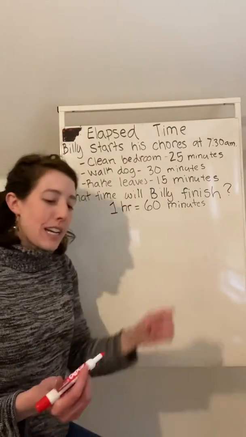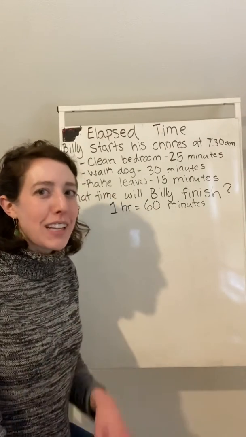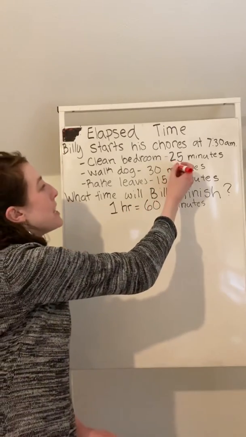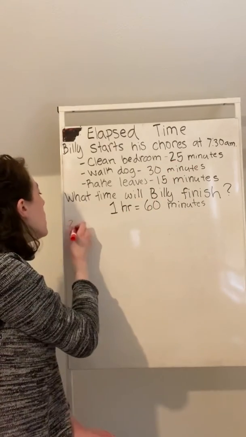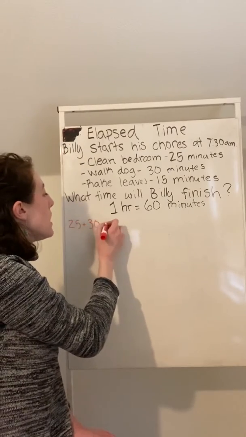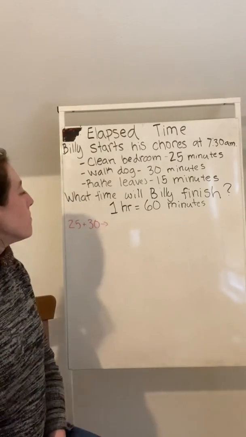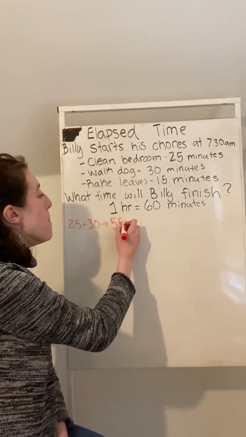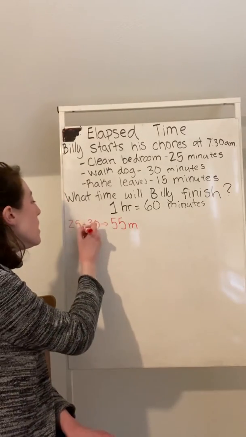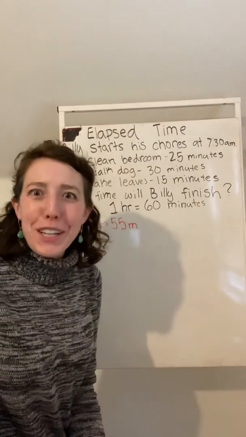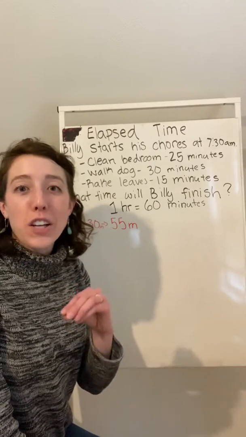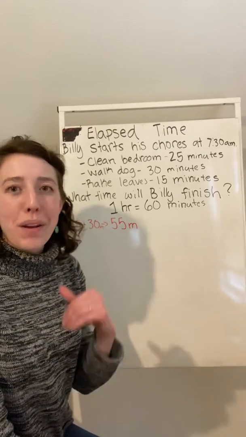So when I look over here, I'm going to try and really think strategically as I put these numbers together. I'm going to start with these 2 numbers right here. 25 minutes plus 30 minutes gets me to 55 minutes. I should put an M here, because it's always a good idea when you're working with elapsed time to label whether you're working with minutes or hours.